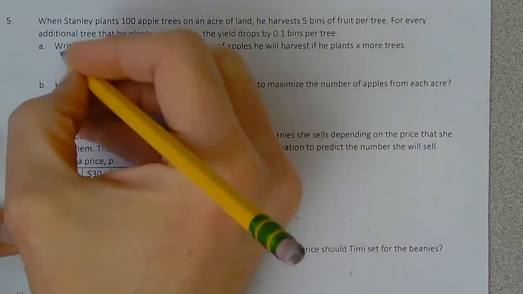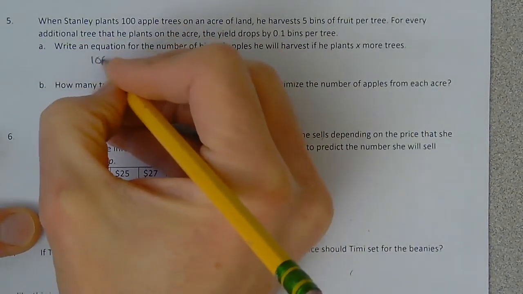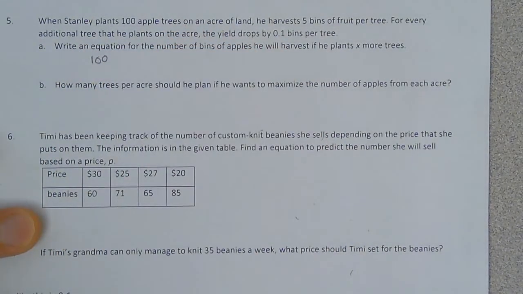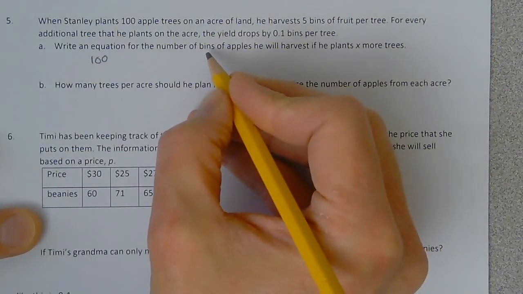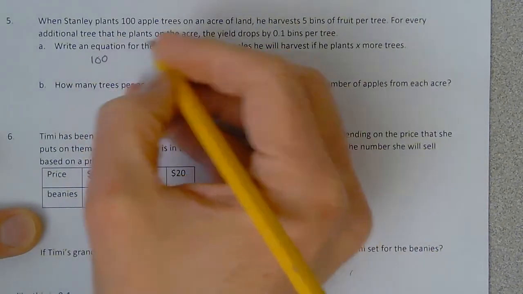So as it is right now, he's planting 100 trees per acre and gets 5 bins of fruit per tree. So that sounds like 500 bins of apples per acre. But he is going to plant additional trees.